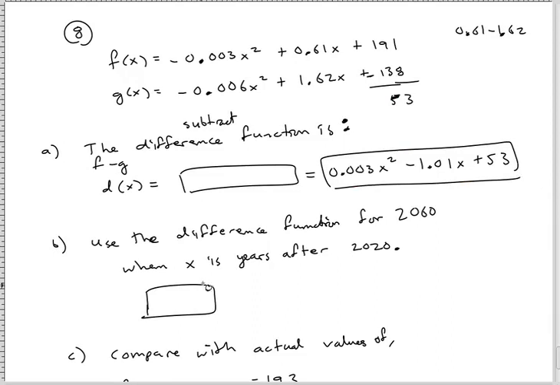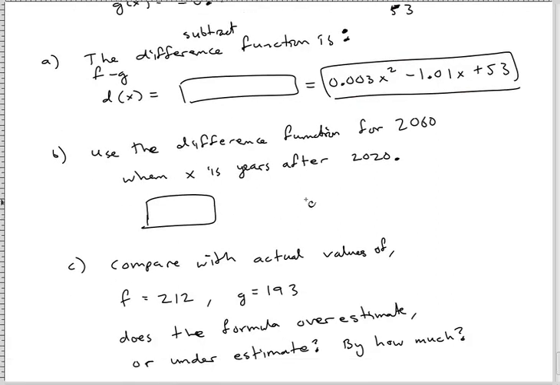Cool. That's part A. Part B now says use this difference function in 2060 if x is years after 2020. So how much x distance do we have between these guys? 40. So what I'm going to do is plug in a 40 wherever there's an x, and I'm going to get a number. This is definitely going to be a calculator situation.